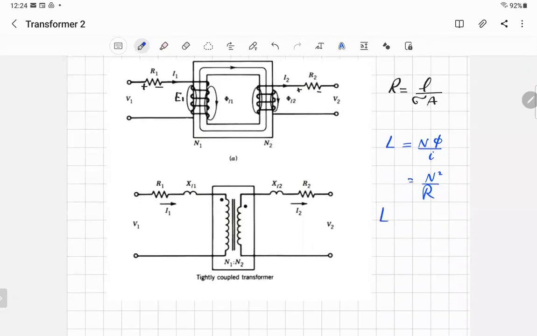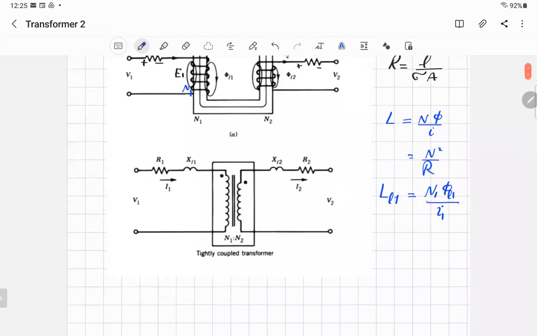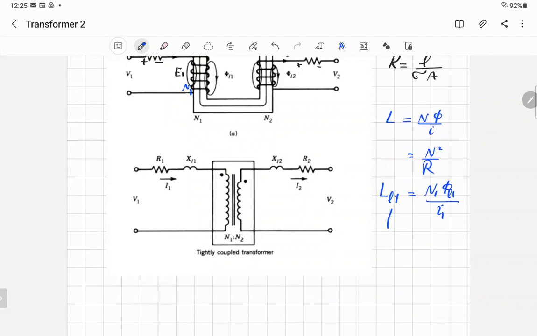So now I can say the inductance of the leakage one will be equal to, in which N? The primary N1, and which flux? Not the whole flux, only the leakage flux phi L1, divided by I1. That will give me the inductance that relates to the leakage flux, and you can call this one the leakage inductance. So let's just name it so you know what it means.